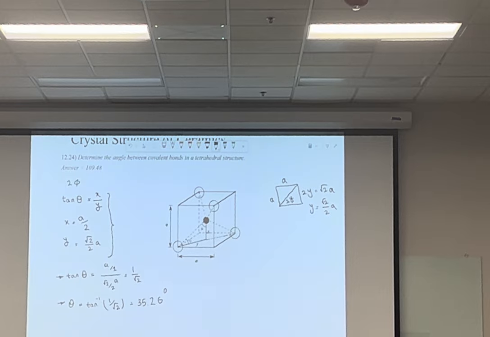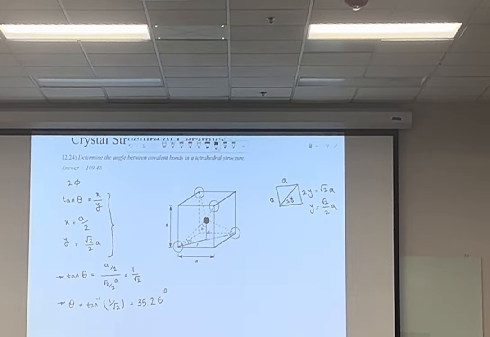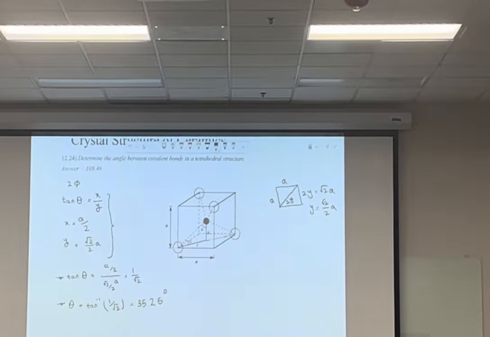So far we found theta, and the rest of the solution is very easy, right?